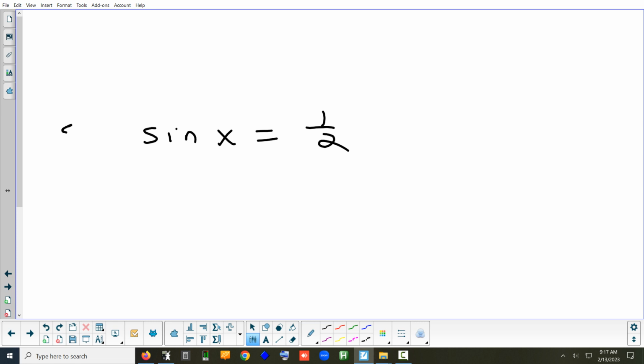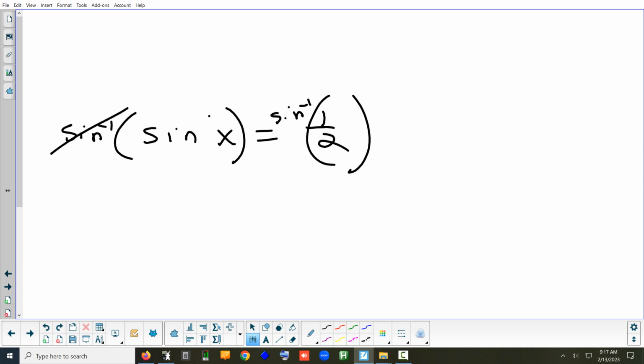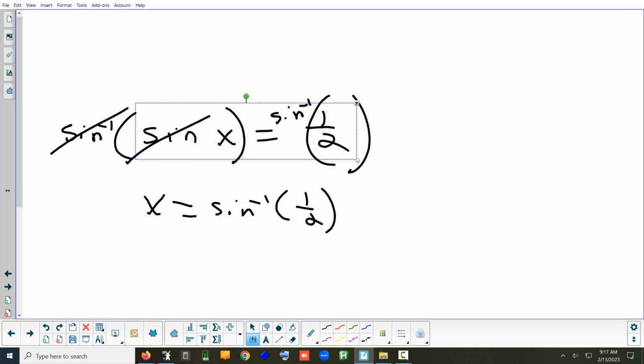So if you took the inverse sine of everything on the left, and the inverse sine of everything on the right, what happens on the left is this. Inverse sine and regular sine cancel each other out, and you're left with something you could type in on your calculator and get the answer. So that's where inverse sine comes up, when you want to cancel out regular sine and solve for a variable that's right there.